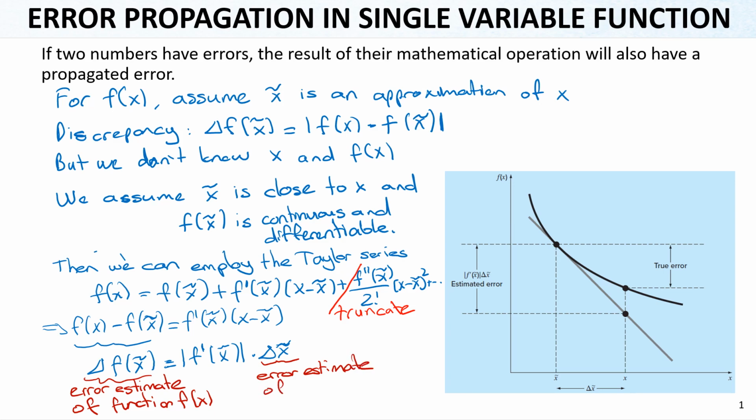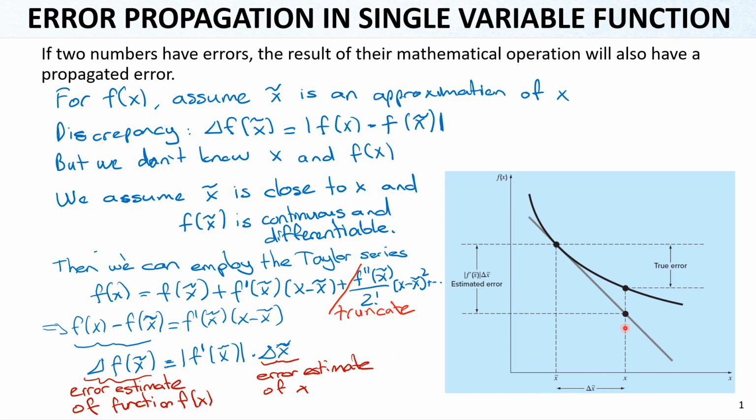And on the right hand side you can see a graph that shows the estimated and true error. You can see here that we have a true function, and we predicted this with a first order Taylor series because we truncated after the first order. This is a linear approximation. Between x tilde and x, we have a delta x, which is the error estimate of x.